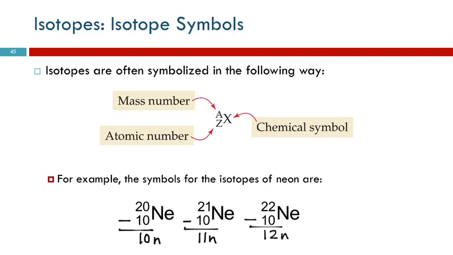I really don't know why they use the mass number instead of just telling us the number of neutrons. But once people start doing things, it's hard to get them to change. So this is the convention, and we just have to deal with it.